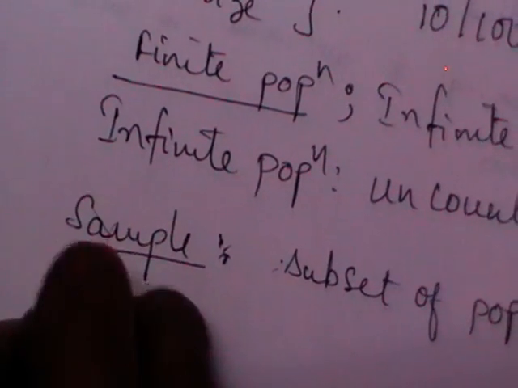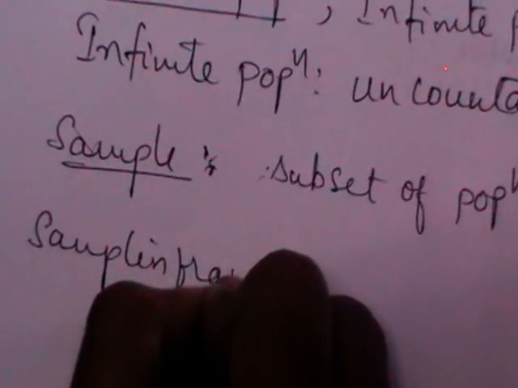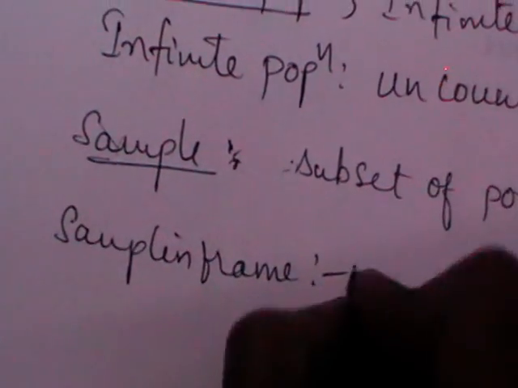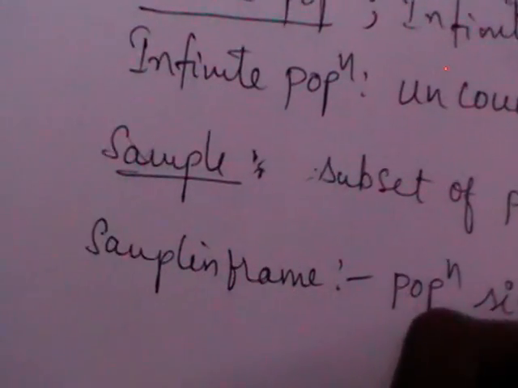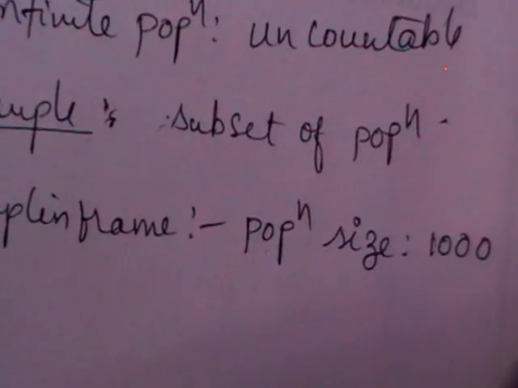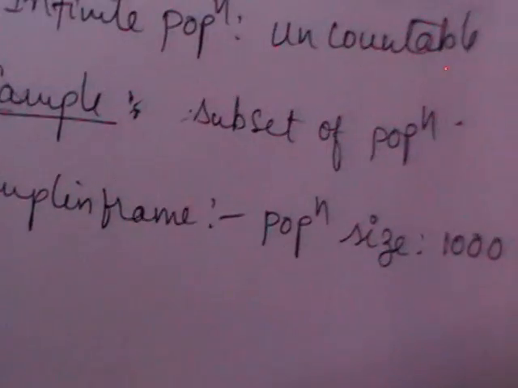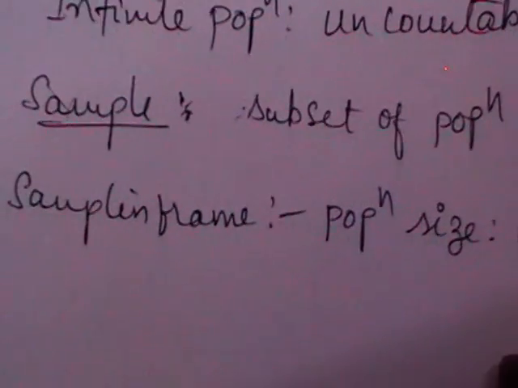So what is sampling frame? This is very much important. I'll give you an example for better understanding. Let us say that we have population size as 1000. A company produces 1000 fans per month.